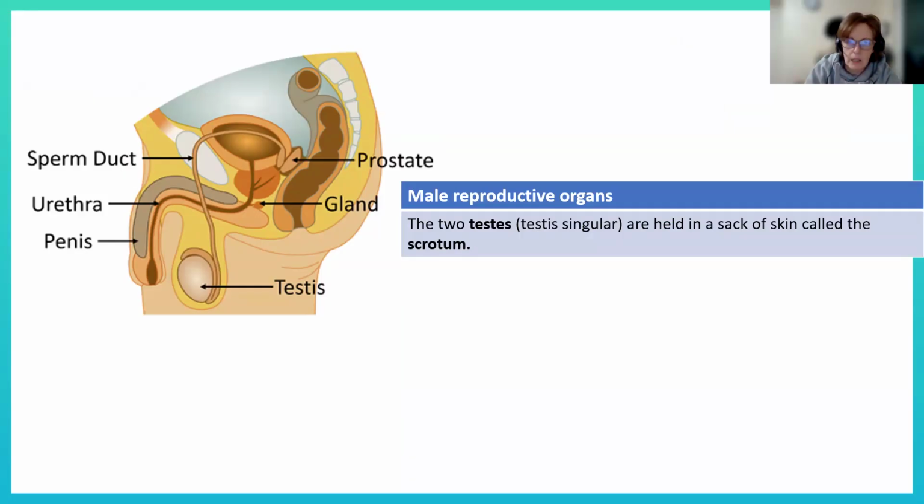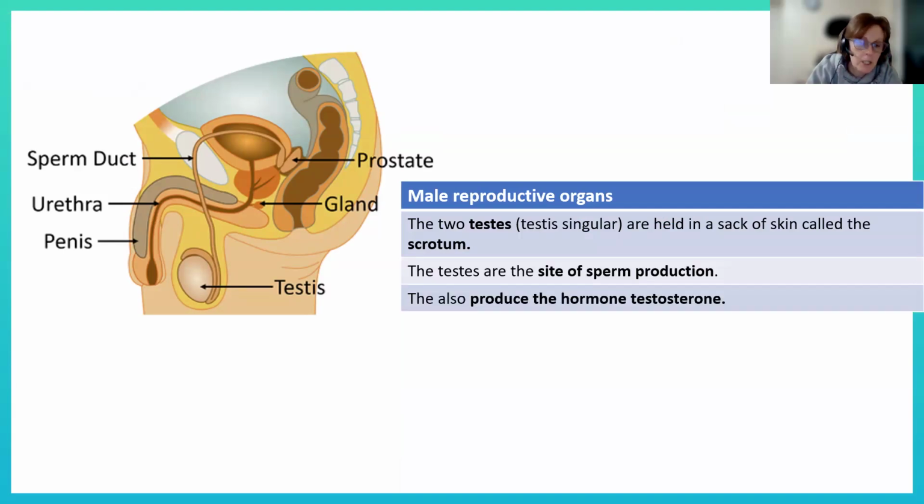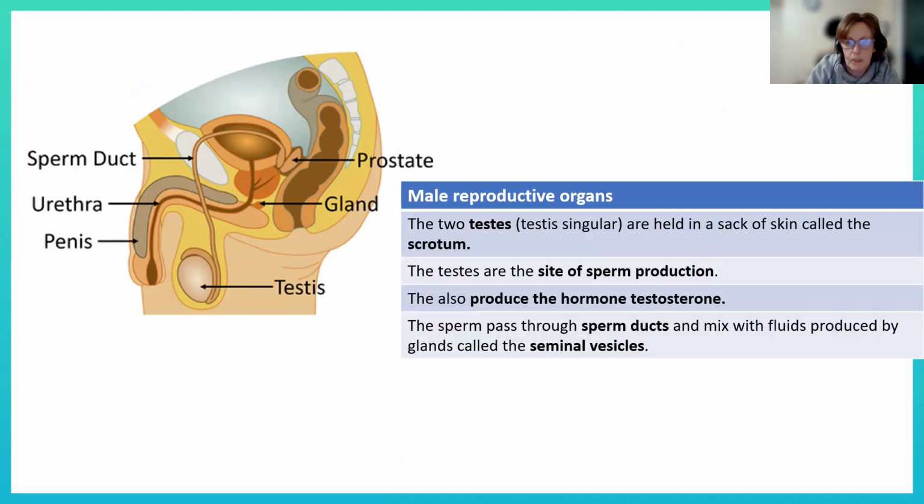Everything's on the outside. You have the two testes, which are held in a sac of skin called the scrotum. They're held outside just to keep them a little bit cooler than body temperature, which is optimal for sperm production. The testes also produce testosterone. Once the sperm is produced, it moves through sperm ducts, where it's mixed with fluids from glands called seminal vesicles.